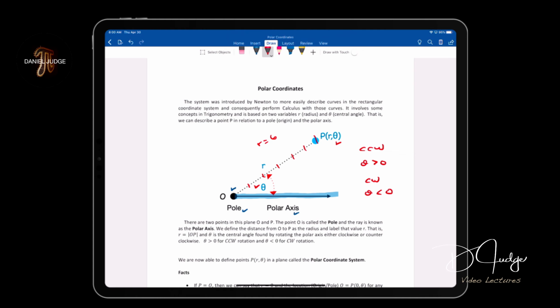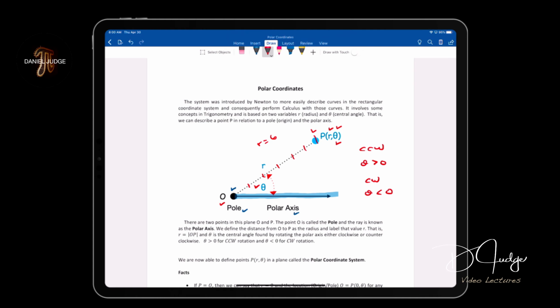So you're going to have two values here to work with, a radius and an angle, central angle, and that's going to define a point for us in what we call the polar coordinate system. So if I read further, I say these are 2 points. I have my pole here. That's the origin O. This is point P.